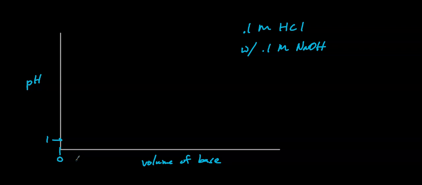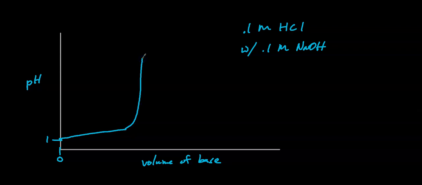But keep this in mind. As we're titrating initially in the very beginning, we have a lot more acid in the flask than we have base. And so the pH is going to go up, but it's going to go up pretty steadily and pretty slowly. You reach a point, though, where even the addition of a very, very small amount of base causes the pH to shoot up several values on the pH scale.